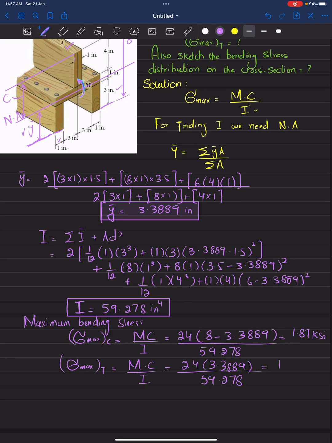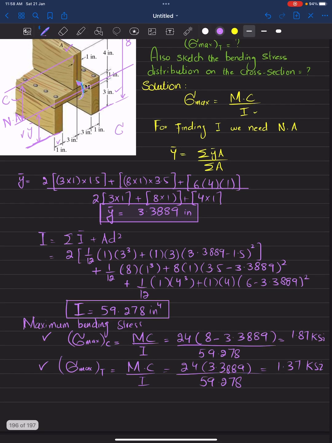So you will get 1.37 ksi. Now we have solved the first portion, so we will now plot the variation. The maximum stress due to compression is equal to 1.87 ksi, and the maximum stress due to tension is equal to 1.37 ksi.